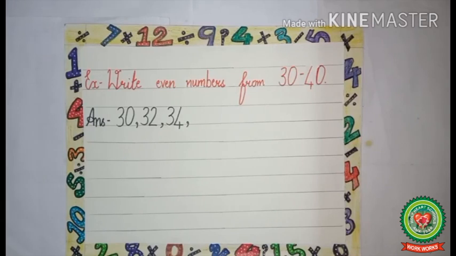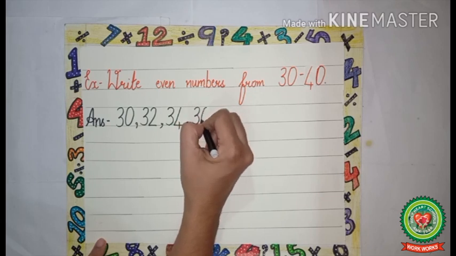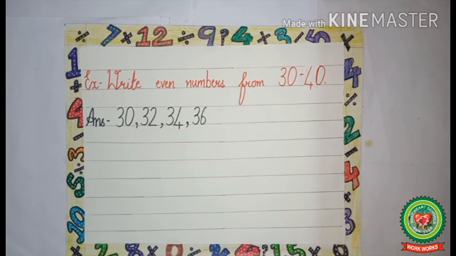After 34, 35. 5 does not come. Then 36. 6 comes in the table of 2. So 36 is an even number. After 36, 37. 7 does not come in the table of 2. So it is an odd number. Next 38. 8 comes in the table of 2.